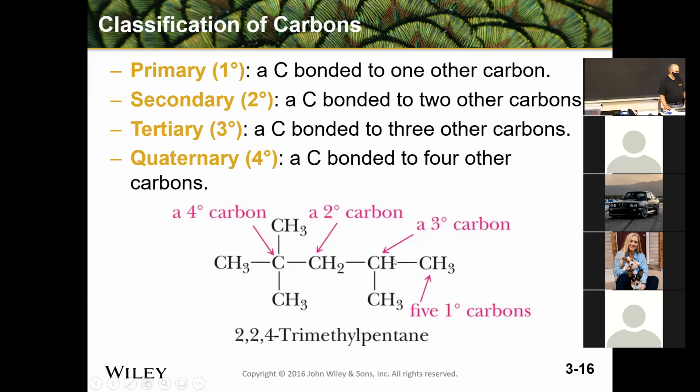And then this hydrogen is called a tertiary hydrogen, and these 3 H's are primary hydrogens. This is a secondary carbon, directly bonded to 2 other carbons, and then this is a quaternary carbon.